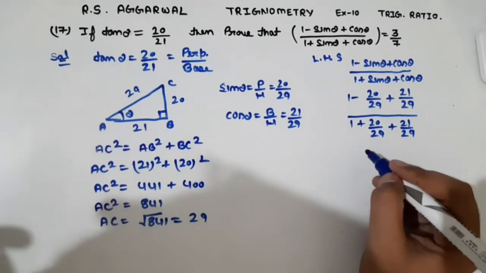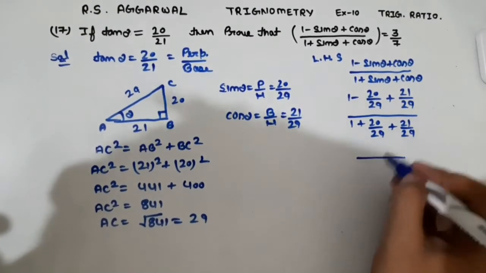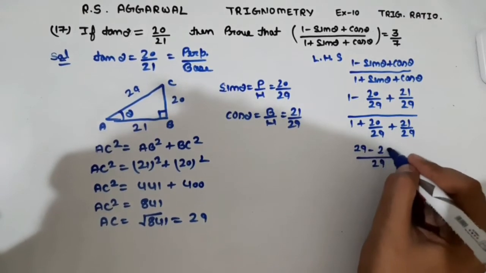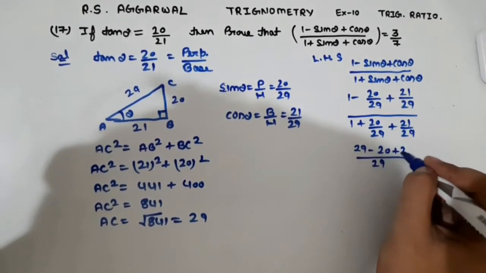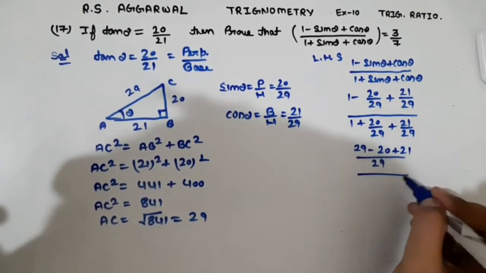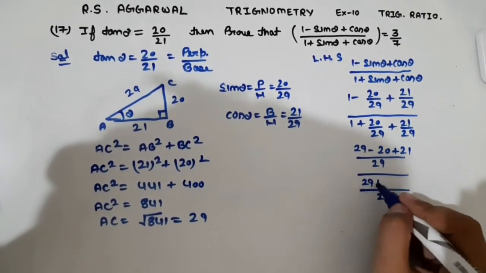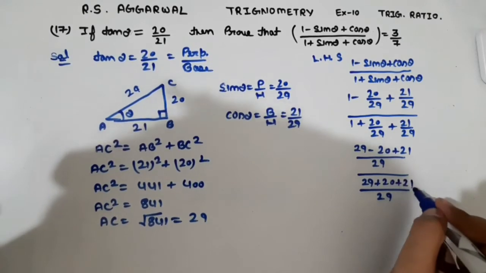So from here our 29 will be LCM. So that will be 29 minus 20 plus 21 upon again 29 will be LCM, 29 plus 20 plus 21.